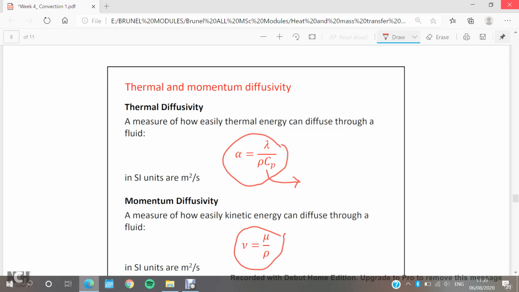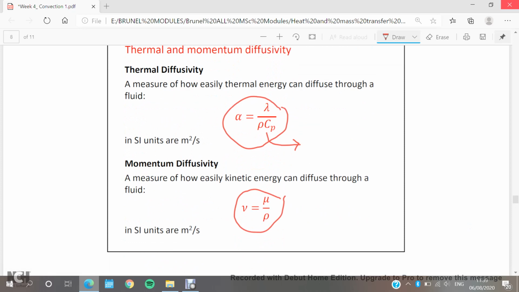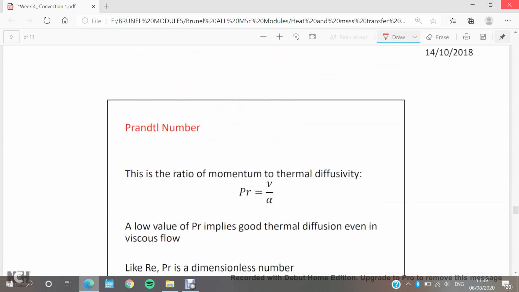There is another one called Cv, which is at constant specific volume. In the case of latent heat there is no Cp or Cv, it will be just C, and we'll discuss this later in the case of boiling and condensation. So we have thermal diffusivity and momentum diffusivity, and this is the equation for using them.